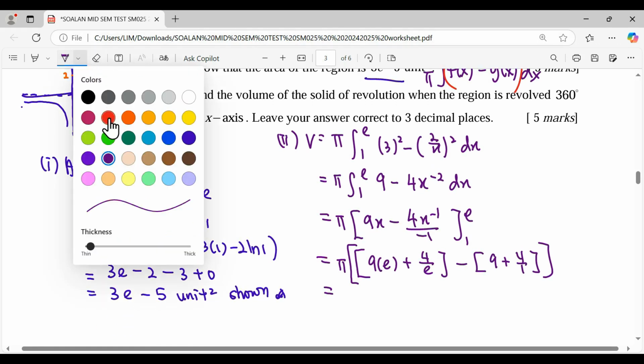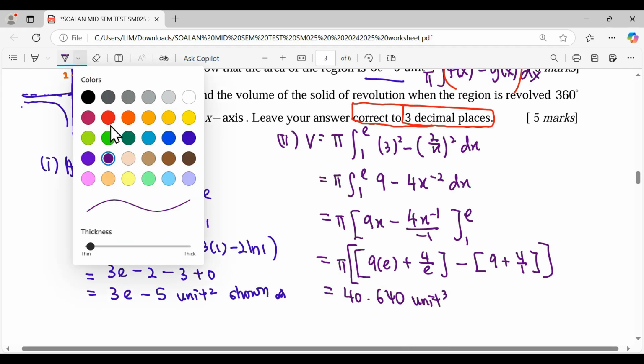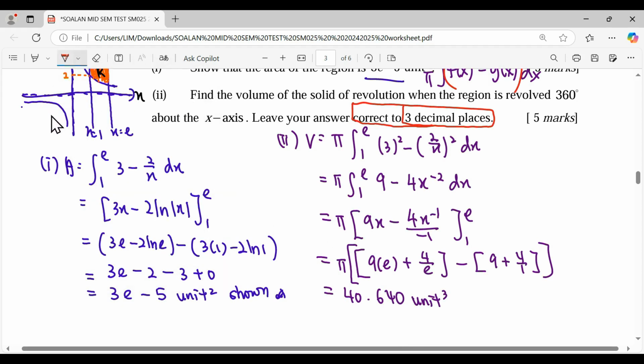The question requests to round off to 3 decimal places. So it will give us 40.640. Volume, unit cube.